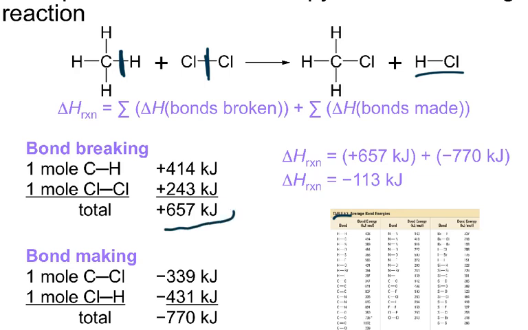So in total, we've used up 657 kilojoules of energy, but then we've formed a carbon-chlorine bond and a hydrogen-chlorine bond, which gets us a total of negative 770 kilojoules given off from our bond forming. And if we add those two together, we get an overall delta H of the reaction of negative 113 kilojoules.